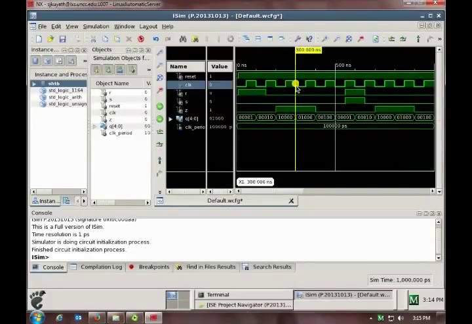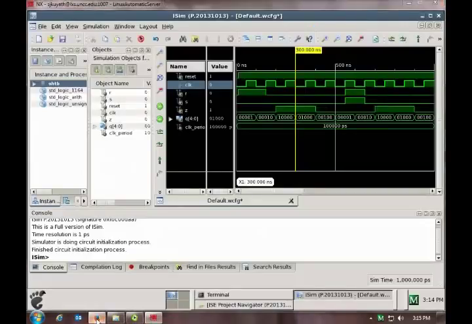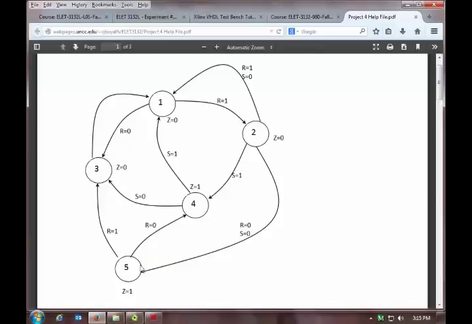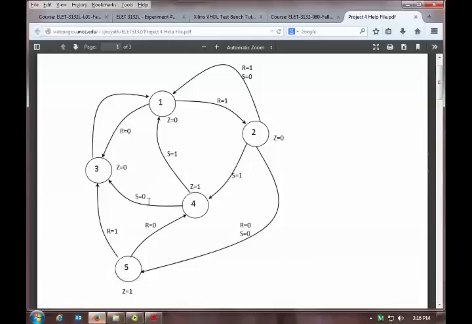Then at this point, we saw both R and S low. So that should take us to state 4 where Z was high. And that took us to state 4, Z was high. Then here, we have both R and S low.